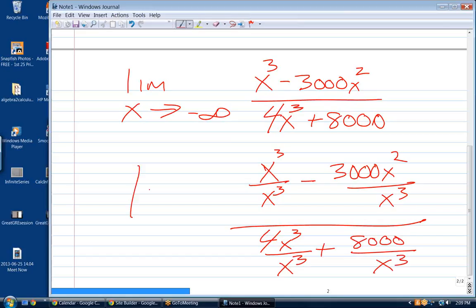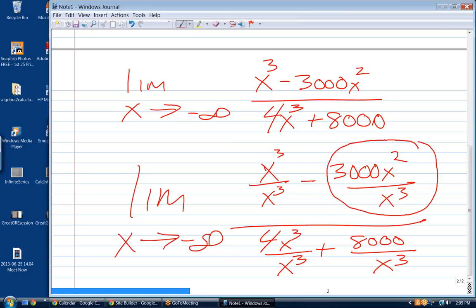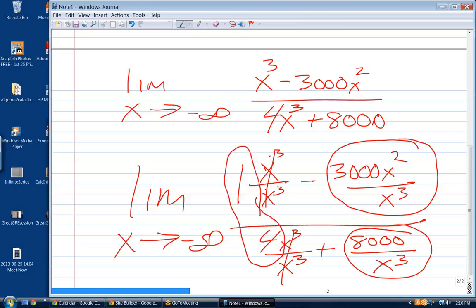Now, if I take the limit of this as x goes to negative infinity, notice that these terms go to 0. This goes to 1, this goes to 4, so the limit goes to a positive 1/4.